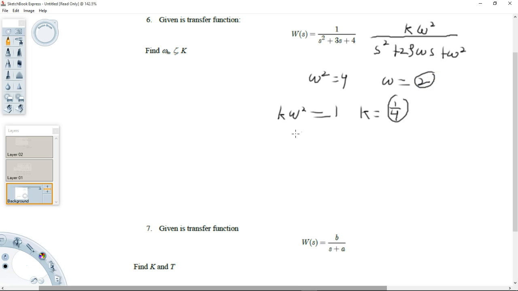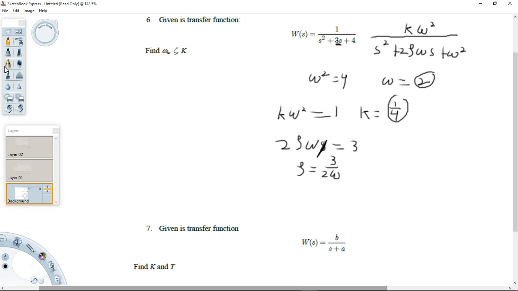So for zeta, we would do somewhat the same thing. You know that there's a 3s right here. So we take 2 zeta omega s is equal to 3. And from that, we know that zeta will be equal to 3 over 2 omega. Sorry, you don't include the s here.